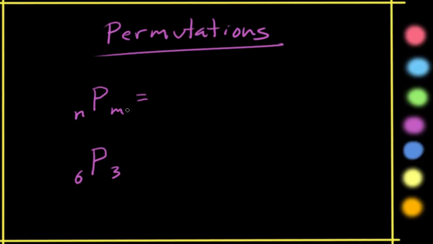So nPm would be n factorial divided by n minus m factorial.